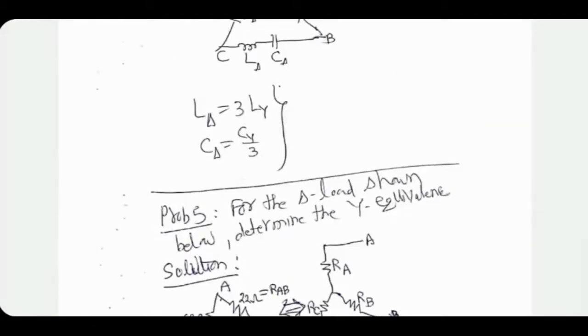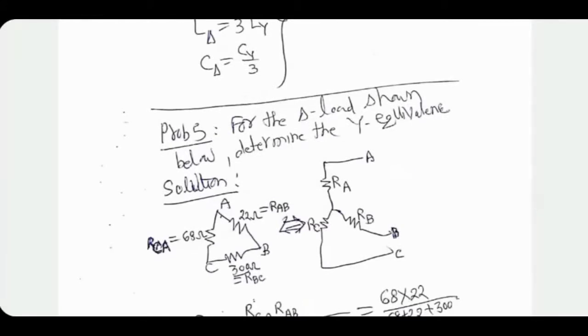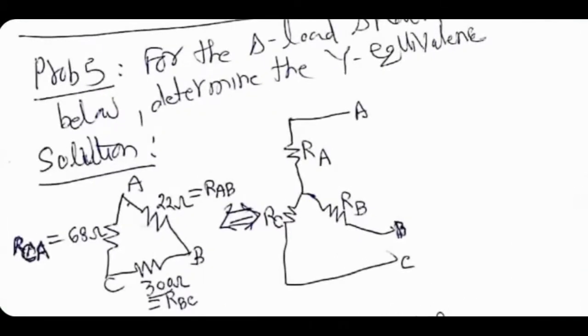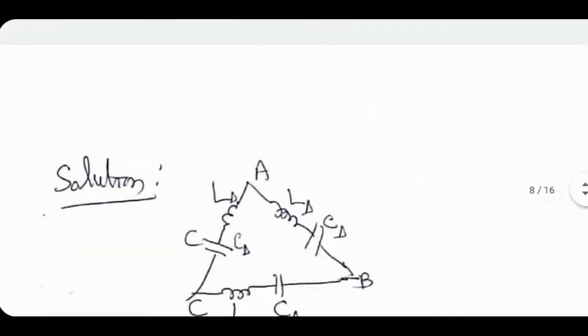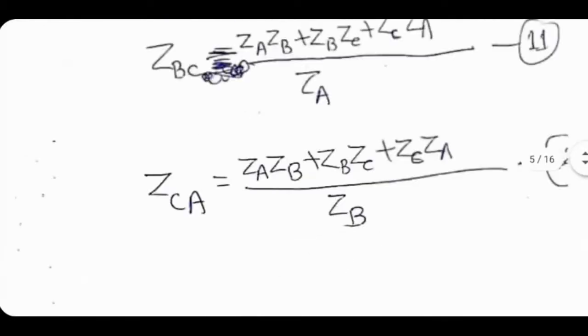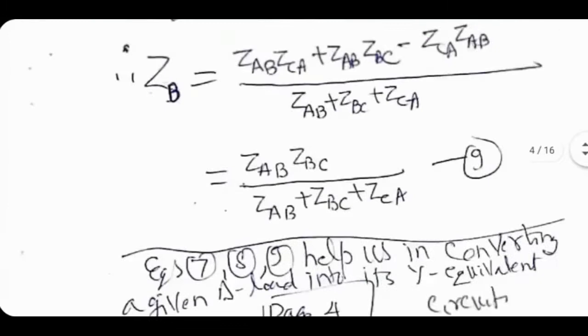Okay, let's look at one more interesting thing before we close. This delta load is unbalanced. It has got unequal resistors. The formula that you now have to use to get the values of RA, RB, RC will be these ones.